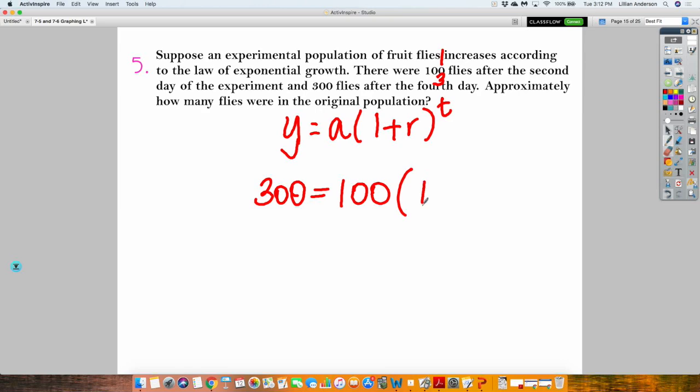1 plus R, which I'm still looking for. And what's going to be T? It's 3. Because remember, we temporarily made 100 our first and then 300 our third. I need to solve. What do I do? Divide by 100. That becomes 3.